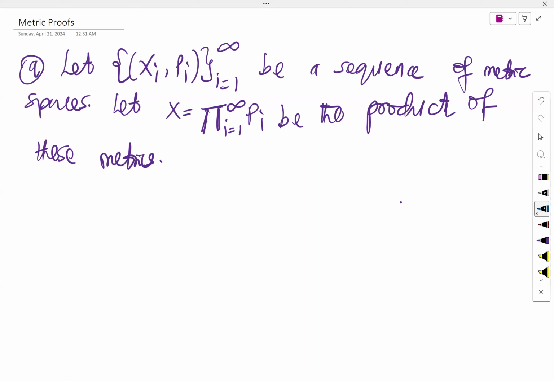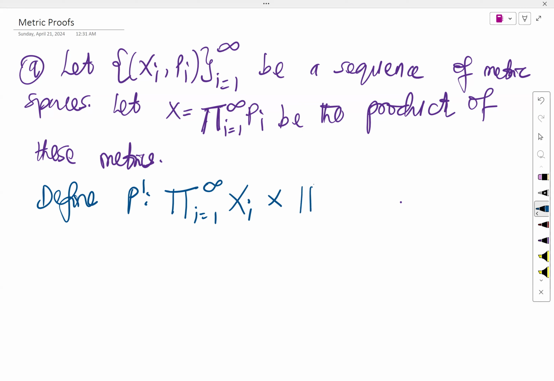Then define p prime to be that pi now, the product from i equals 1 to infinity of Xi, times the same thing again, the product from i equals 1 to infinity of Xi, and that is mapped to the real number system.